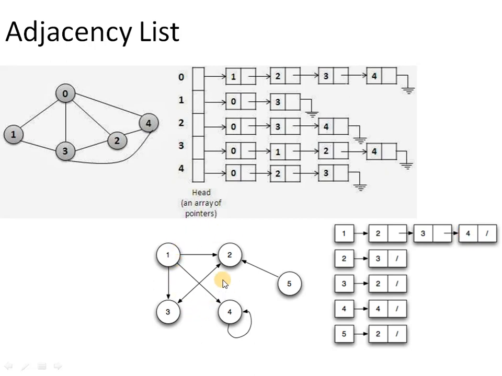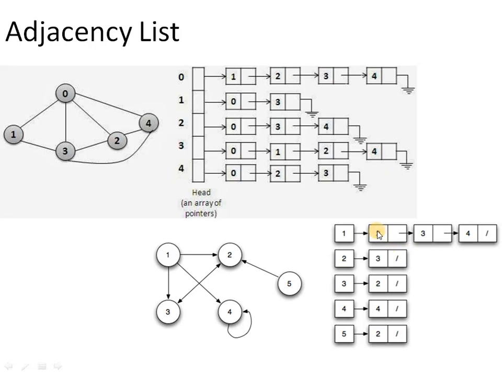Then in order to get the in degree, we have to search for that particular node in the linked lists of all the vertices. If we talk about the in degree corresponding to vertex 2, we have to scan all the linked lists of all the vertices and count how many times 2 is appearing.